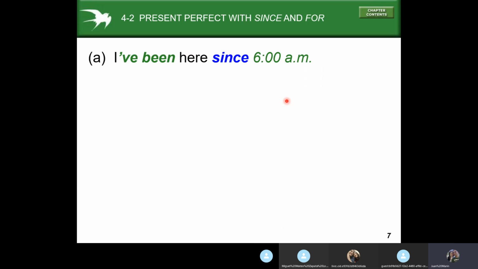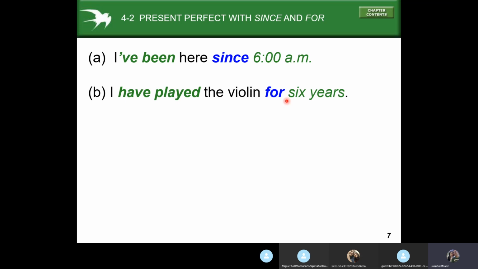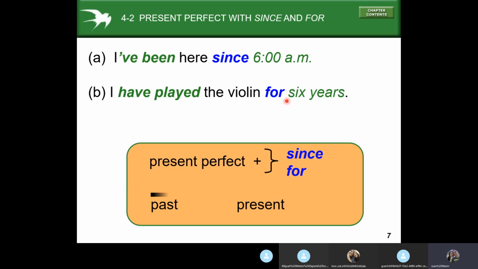I've been here since 6 a.m. I have played the violin for 6 years. So the present perfect talks about a situation that began in the past and continues today. Example, I have played the violin for 6 years.